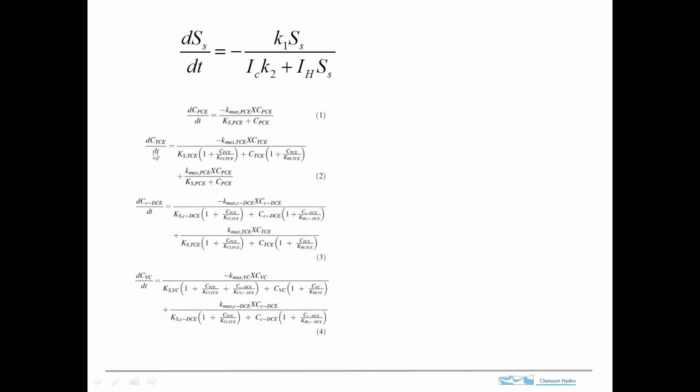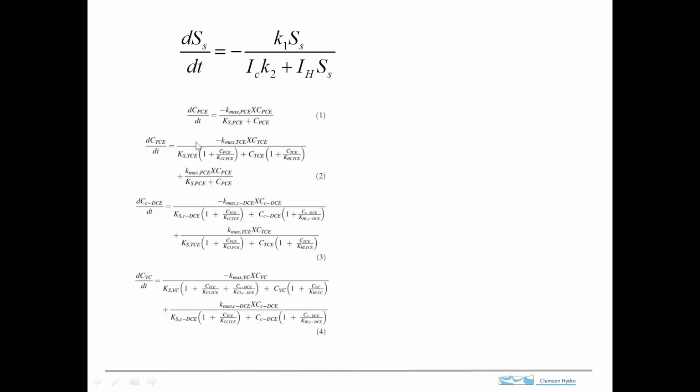This is the degradation of TCE, and this is just another Monod equation. You can see up here, this is pretty much all the same except we swapped TCE for PCE. And then down in the denominator, we've got these terms in parentheses, which are the inhibition terms, what I'm calling I_C and I_H. I_C is just 1 plus the concentration of PCE divided by a constant.